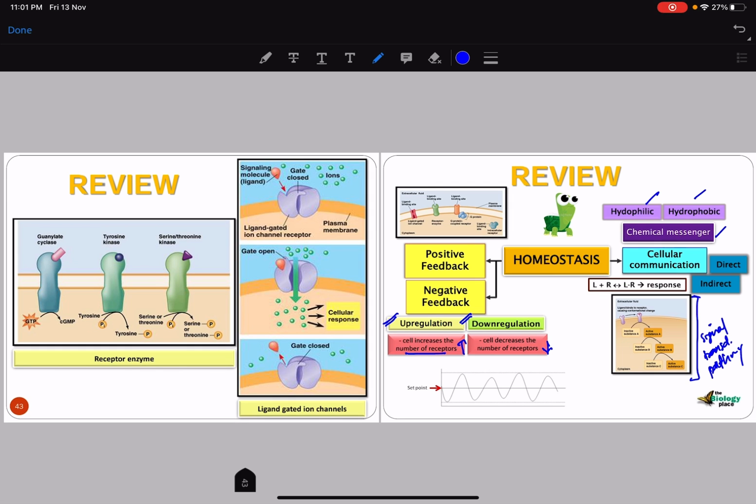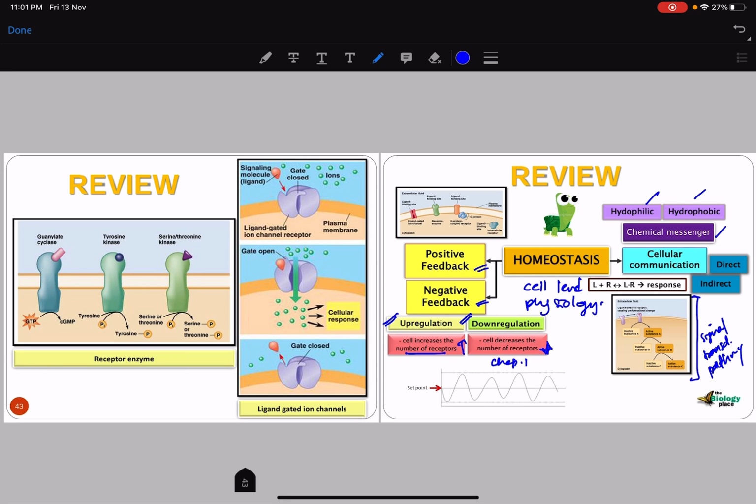If we revise back to chapter 1, we did talk about positive feedback and negative feedback. The way I look at these upregulation and downregulation terms is like positive and negative feedback at the cell level physiology.